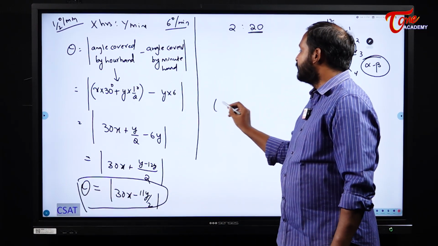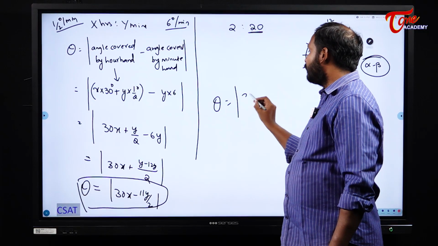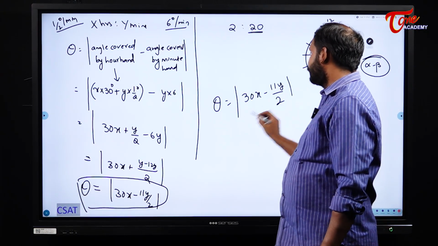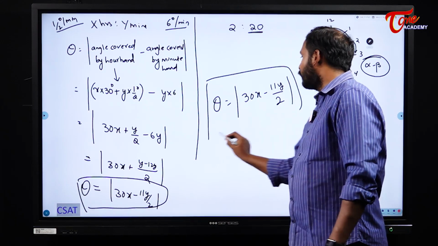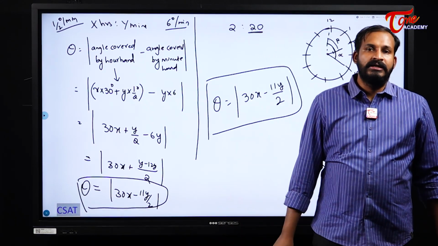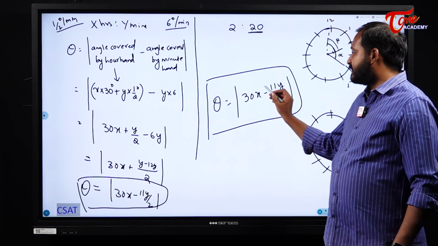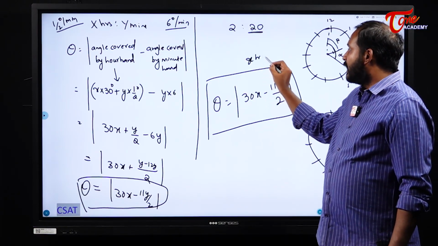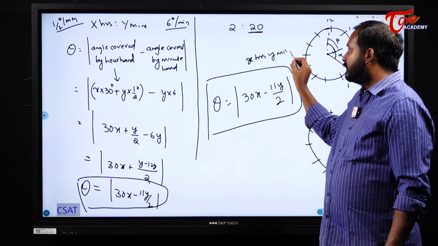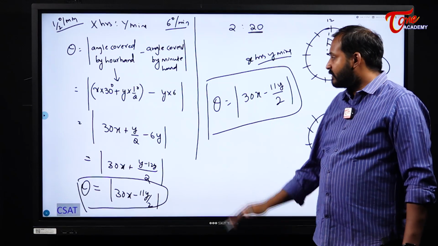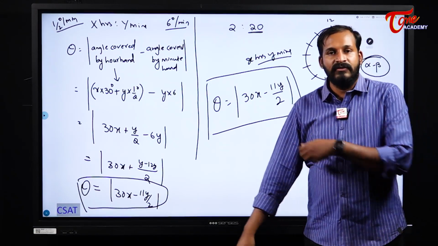Theta is equal to modulus of 30x minus 11y by 2. By using this formula only, we are going to find the angle between two hands of the clock at any given time. Here x is hours and y is minutes. Understood, students? Simply by substituting in this formula, we will get the answer.